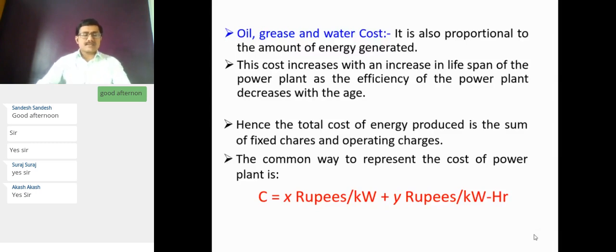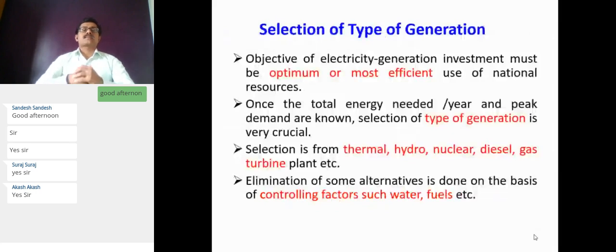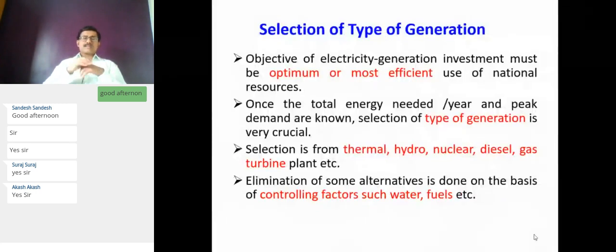Now let us take the discussion to the next level. As I mentioned at the beginning of this lecture, there are two points that we are going to discuss in today's lecture. One is the selection of the type of generation. Which type of power plant you should select for the power generation, and what factors you should take into consideration for the appropriate selection.